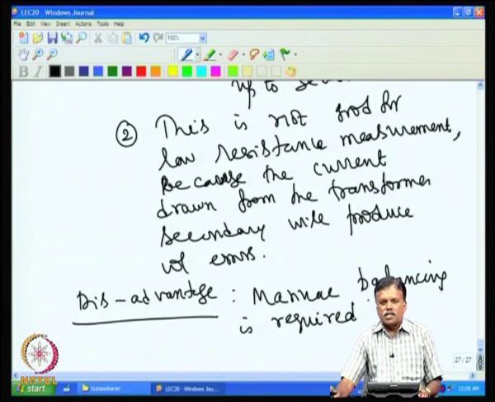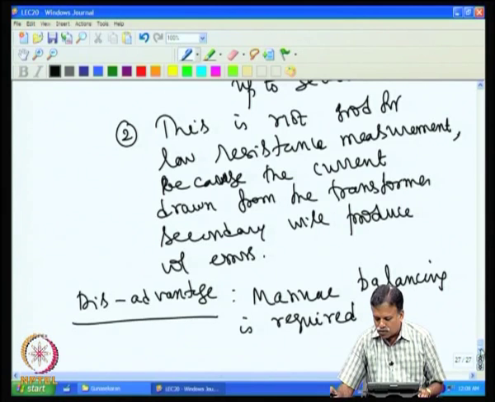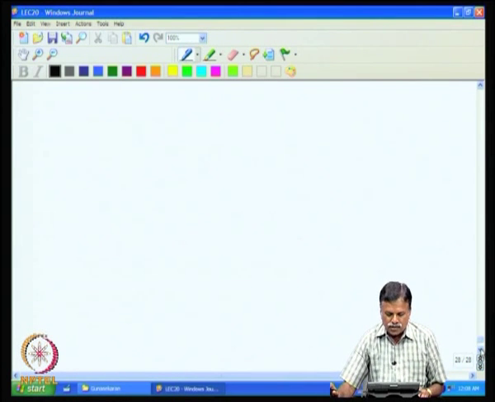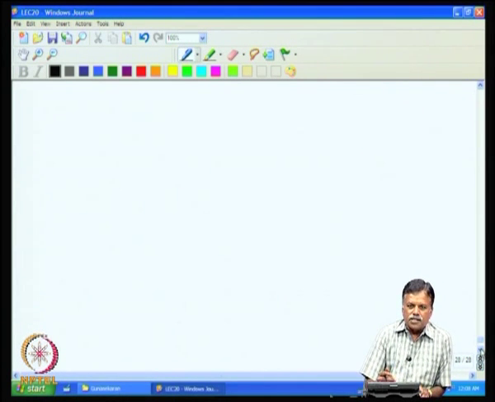Of course, the electronic version of this can also be done without needing to balance the bridge manually. That we can do by simulating the ratio transformer electronically.